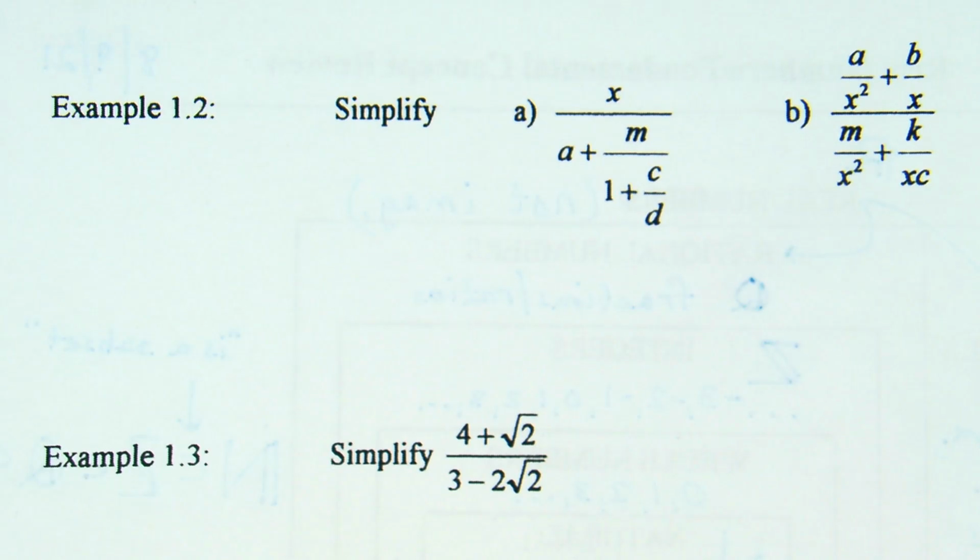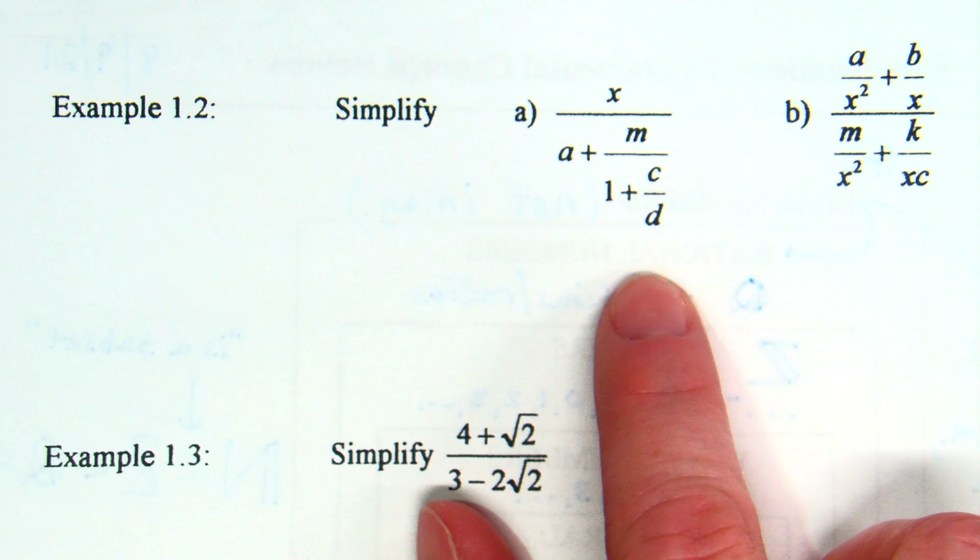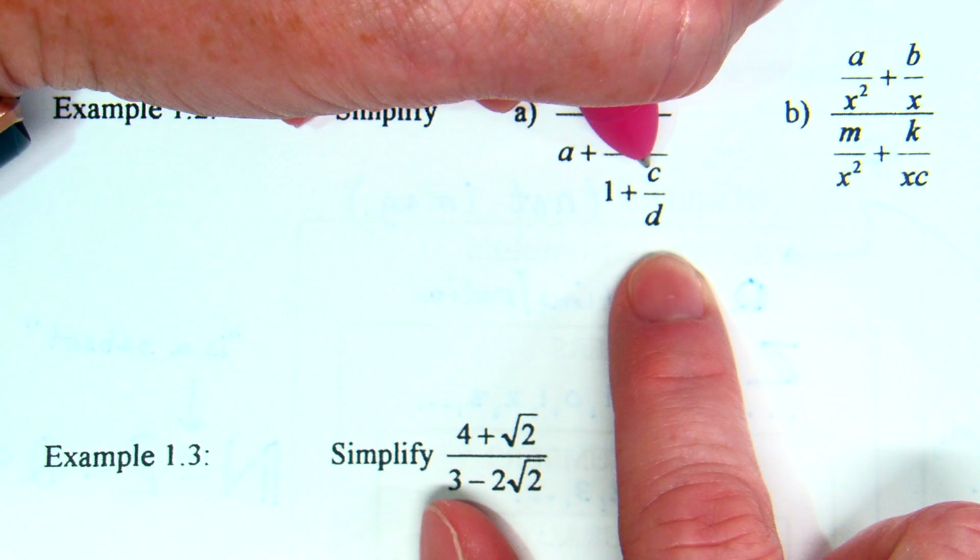However, is it properly fractions within fractions within fractions in this mess? No, not at all. So I'm always going to say, take the most inside denominator. If we get all the way down to the bottom here, we have a D, which is just D. But start with the 1 plus C over D. I'm going to tell you to add those together and simplify them.